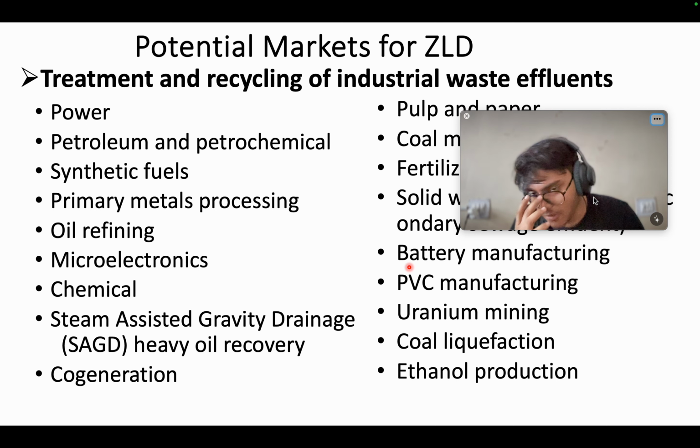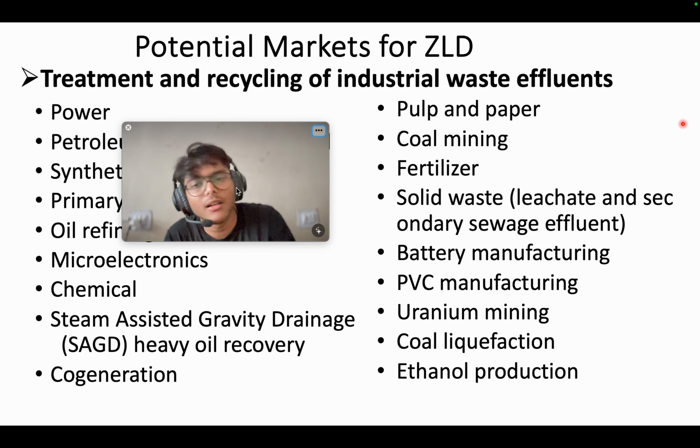The potential markets for ZLD are: first is power, petroleum and petrochemicals, synthetic fuels, primary metal processing, oil refining, microelectronics, chemical, steam assisted gravity drainage, that is SAGD, heavy oil recovery, cogeneration, pulp and paper, coal mining, fertilizers, solid waste, that is secondary sewage effluent, and battery manufacturing, PVC manufacturing, coal liquefaction, ethanol production.